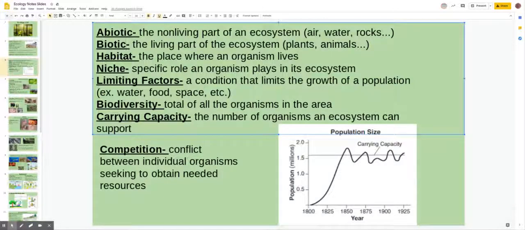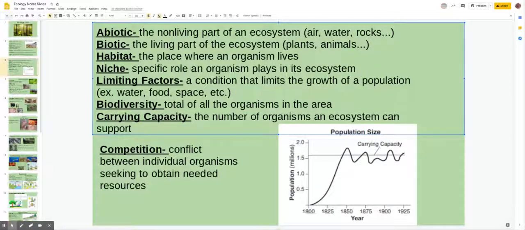And whenever we as humans decrease biodiversity by, for instance, plowing over a field and just planting corn, it causes an increased risk for disease and disruption to the ecosystem around us.